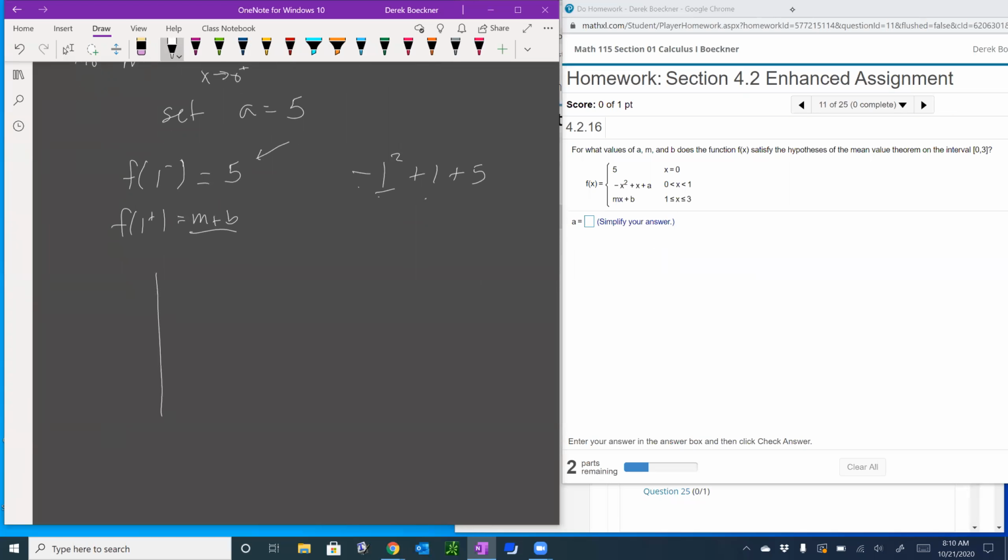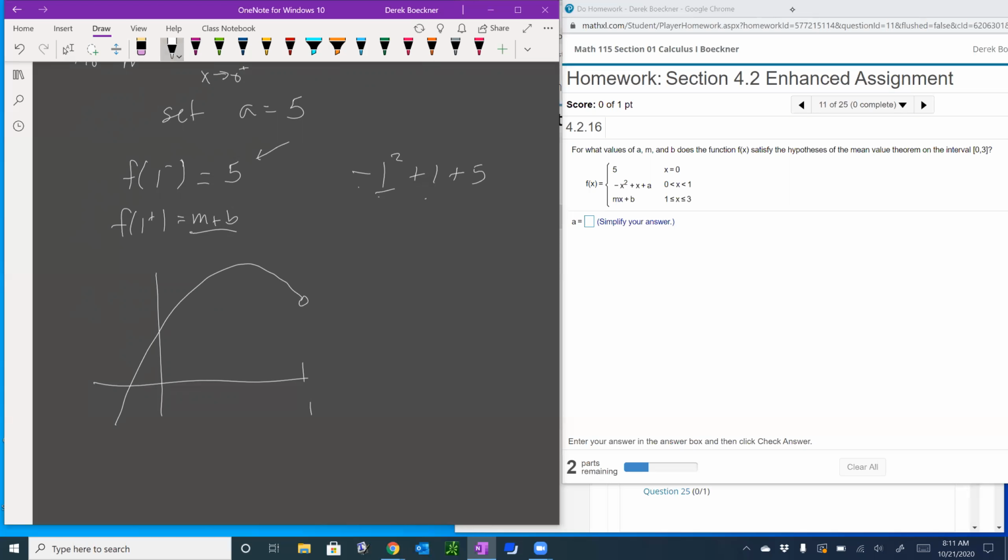So on the left, I've got a parabola that's upside down. I don't know what it looks like, but it looks sort of like this, and this is at 1, because that's where we have differentiability issues.